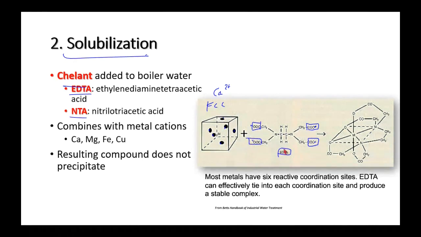And so what's going on? Well, these tentacles here are going to connect to our metal. There's our O. There's our O. The O is connected to the CO, which is connected to the CH2, which is connected to the CH2, and then to the amine.